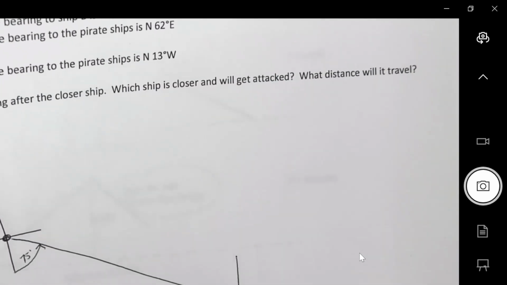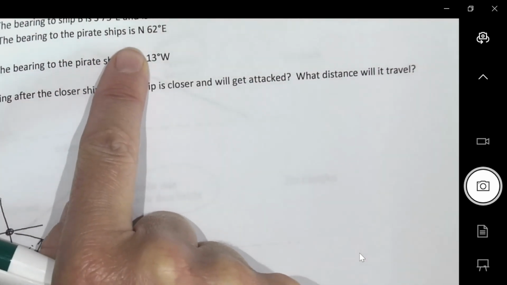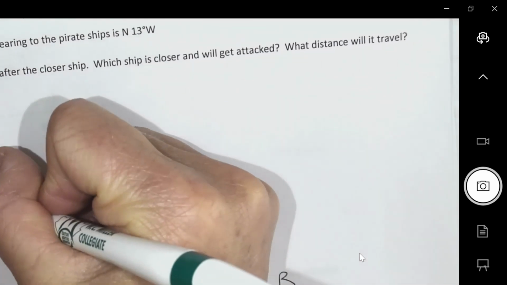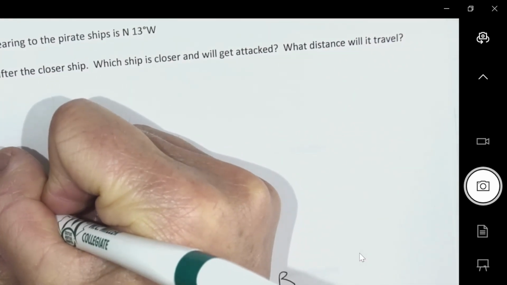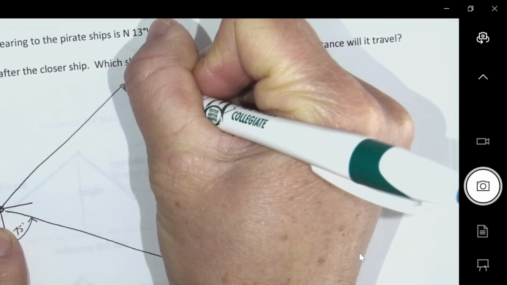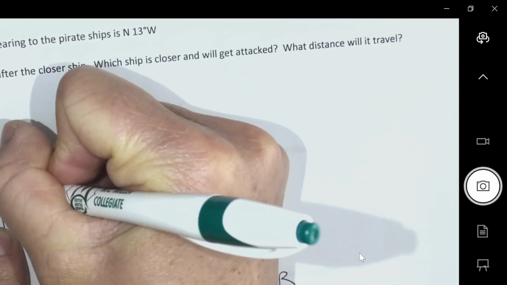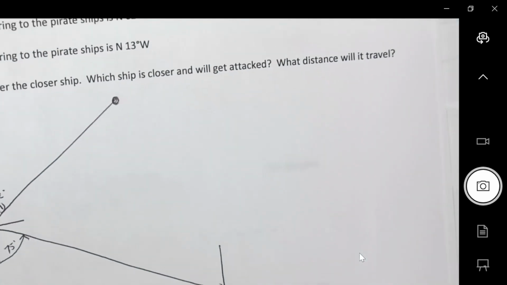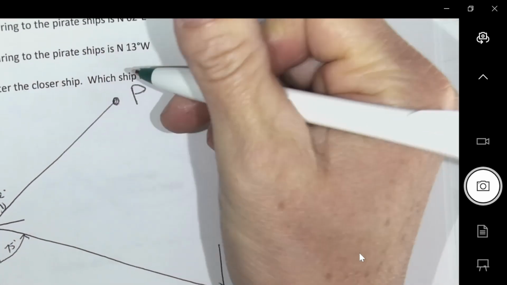Okay, so from A, the bearing to the pirate ship is north 62 east. So north 62 east. And now we have the pirate ship.